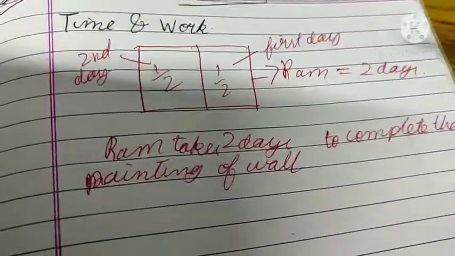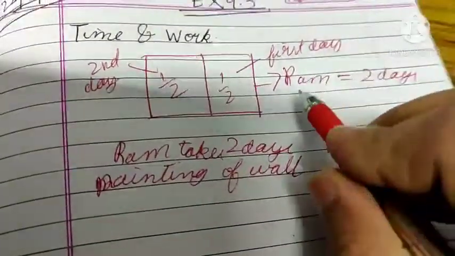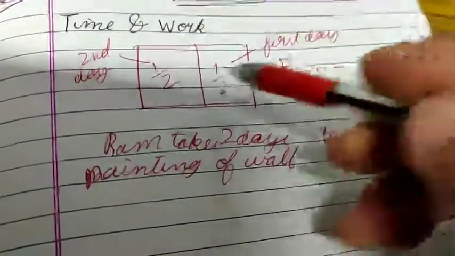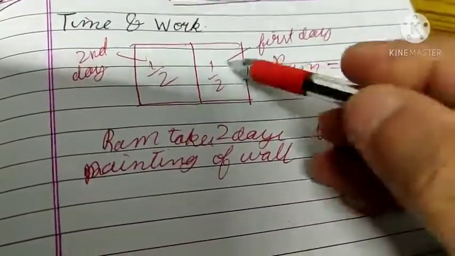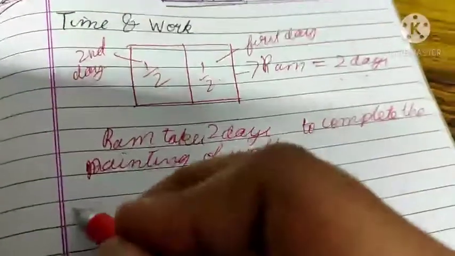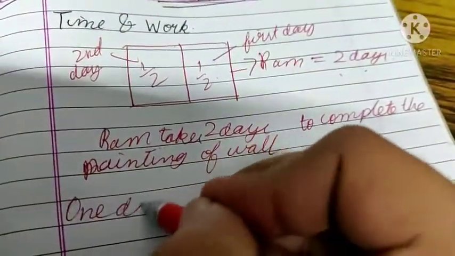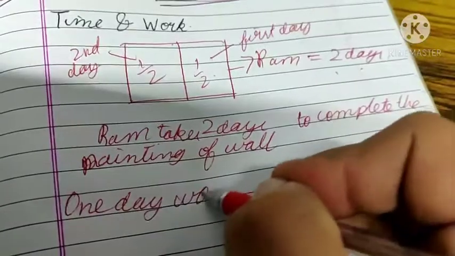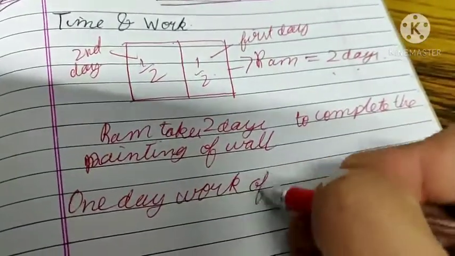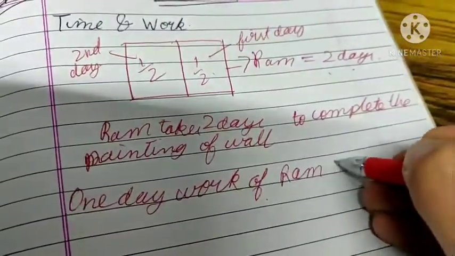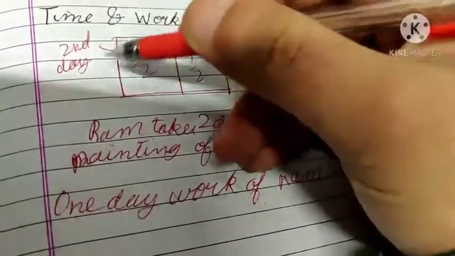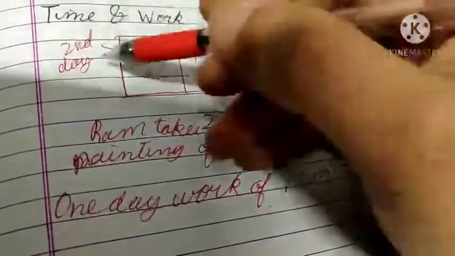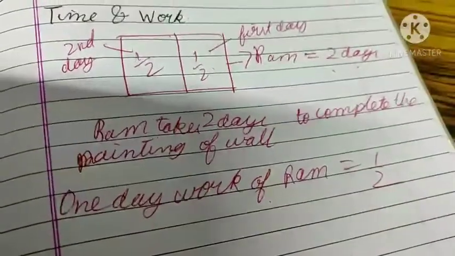This shows that he took 2 days to complete the total work, and in one day he completes the reciprocal of it, that is 1/2 work. 1 day work of Ram was 1/2, means in one day he completes half, and in the second day he completes the remaining half. So half and half makes one complete work. This was the first example.